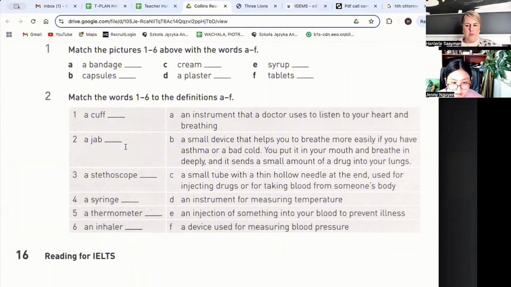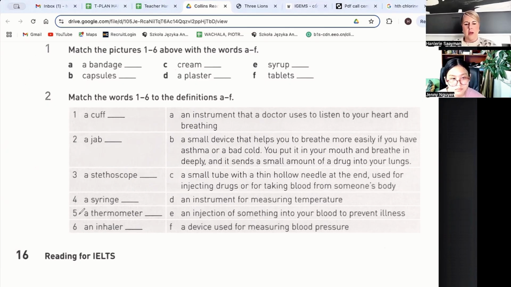And C is 4. And D is 5. 3 is E. Okay, wait, let me write it down.